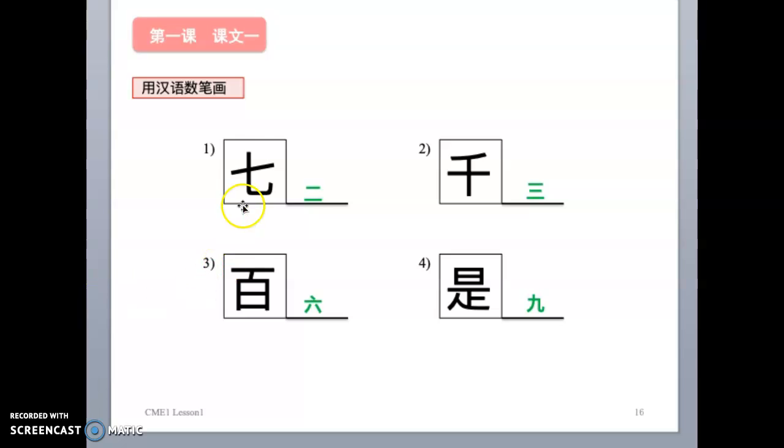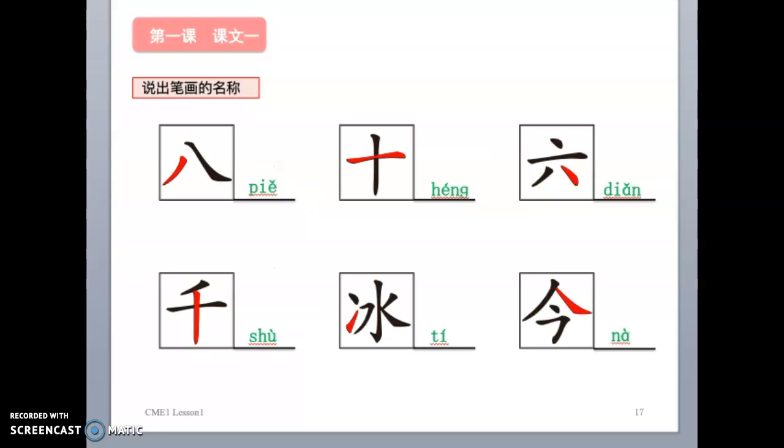Here they're asking you to look at the Hanzi and write how many strokes it is. So this one, Qi, has 2 strokes. This one, San, has 3 strokes, and so on. How many strokes does it take to write these characters? This one, of course, has the most. It has 9 strokes in it.